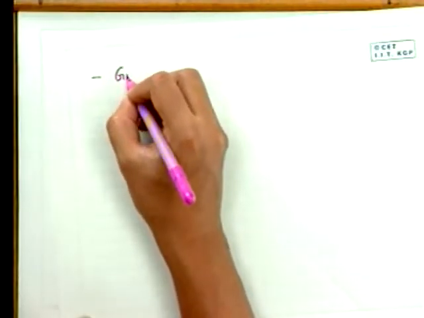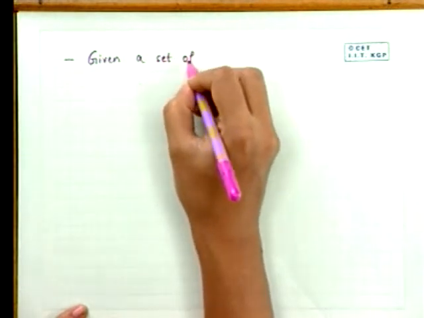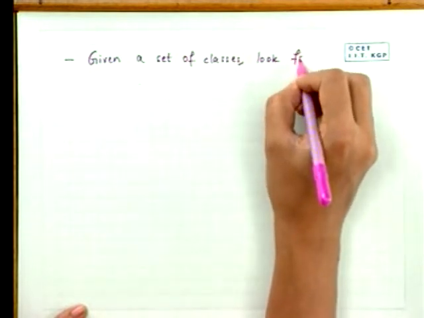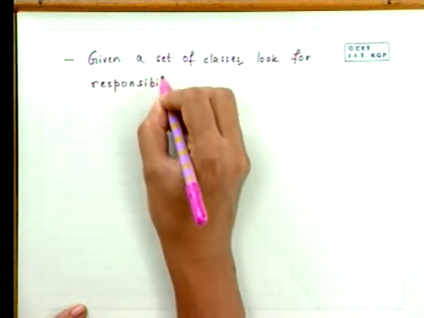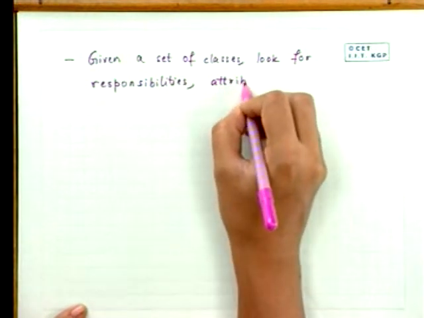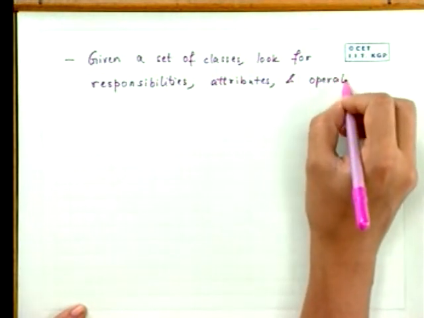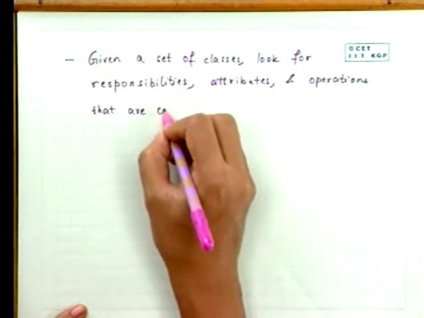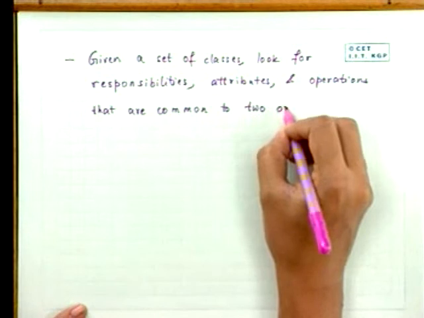Firstly, given a set of classes, we look for responsibilities, attributes, and operations that are common to two or more classes.